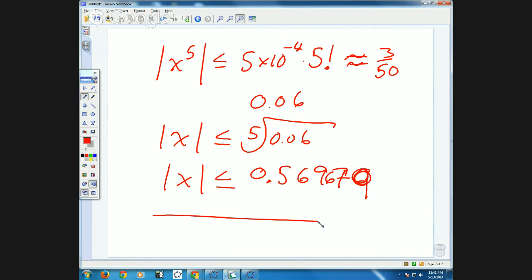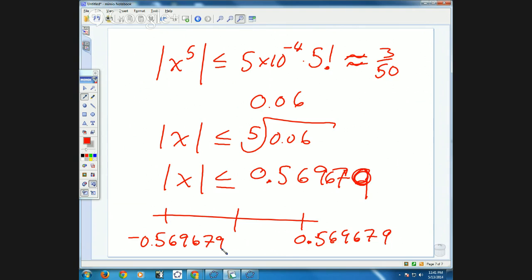As long as I pick x values smaller than 0.569679 and greater than negative 0.569679, then I'm okay. I'm within tolerance.